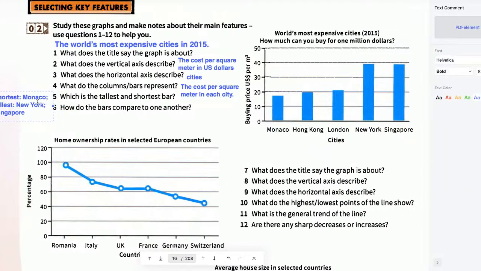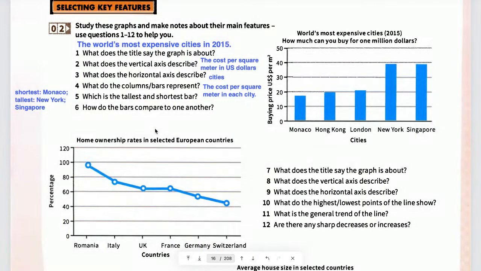All right, now number 6, how do the bars compare to one another?